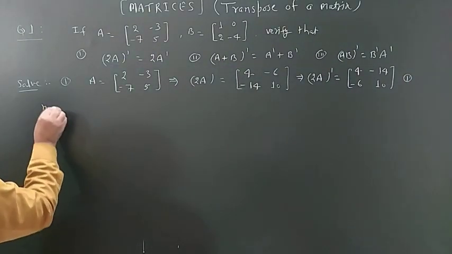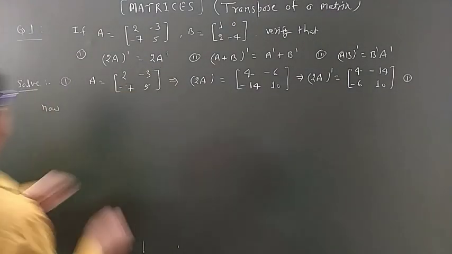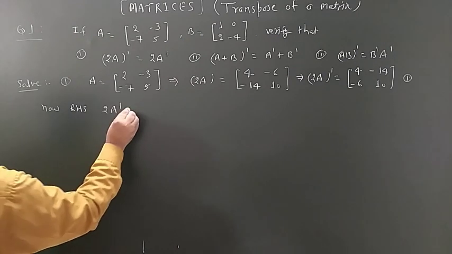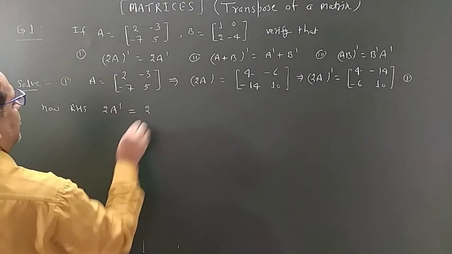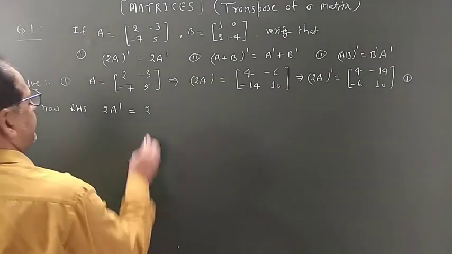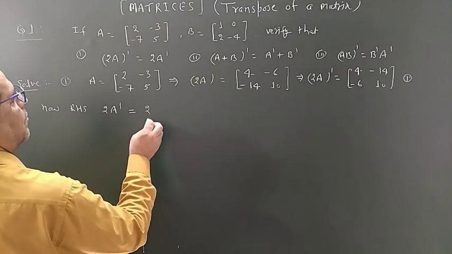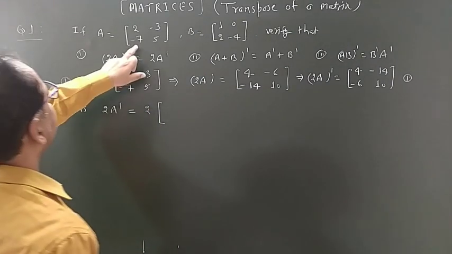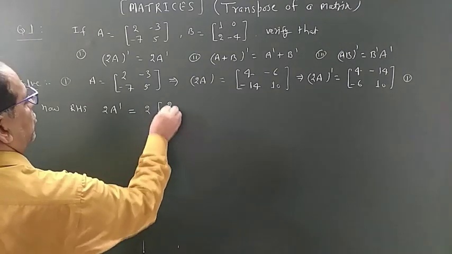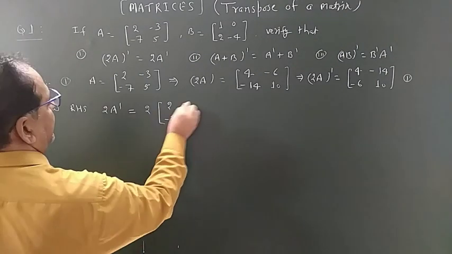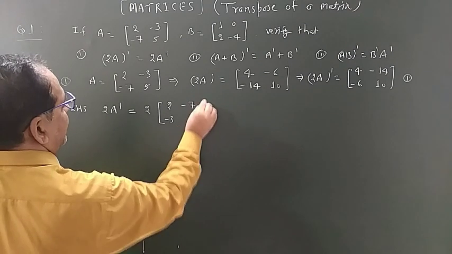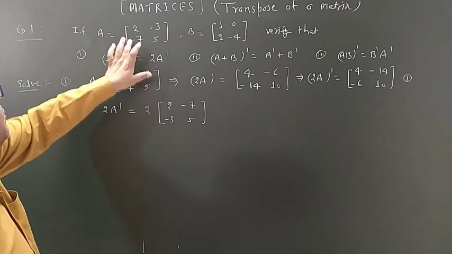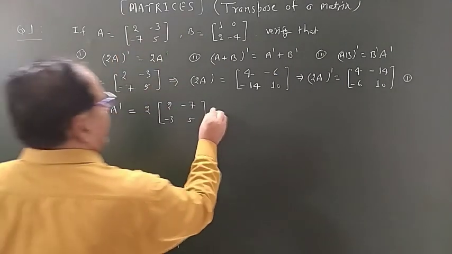Now the right hand side, 2 times A dash. This is matrix A, so A dash becomes 2 -7 -3 5. A dash means the transpose of matrix A. 2 -3 becomes a column, -7 5 becomes a column.